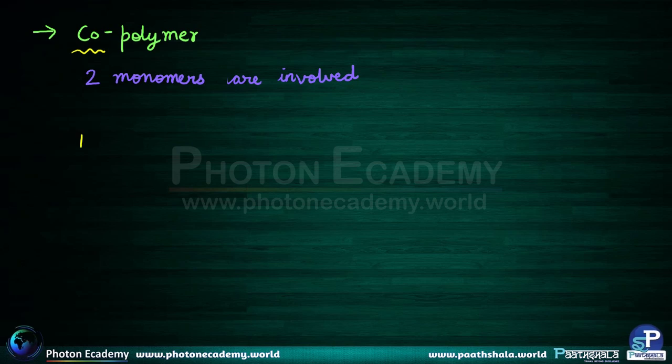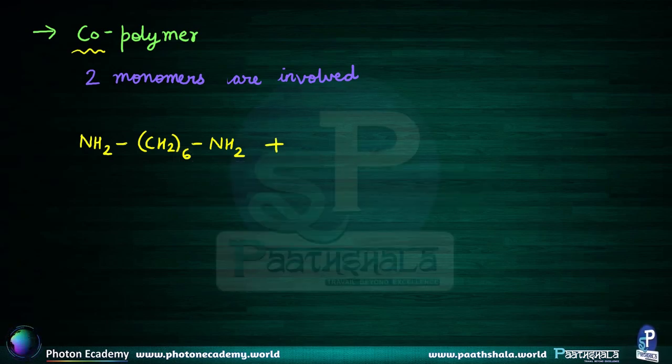It is represented as NH2, then we have CH2 species, 6 in number, in between, and then again NH2. This species is called hexamethylene, and since there are two amine groups, it is called diamine.